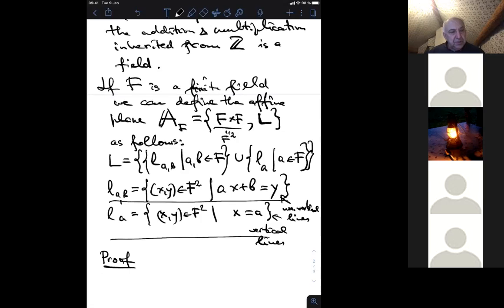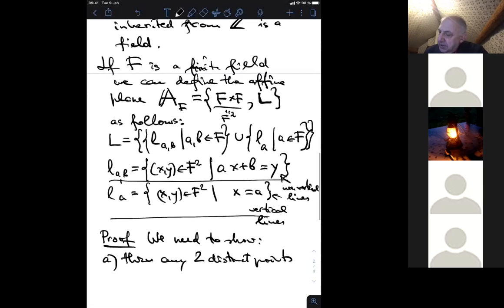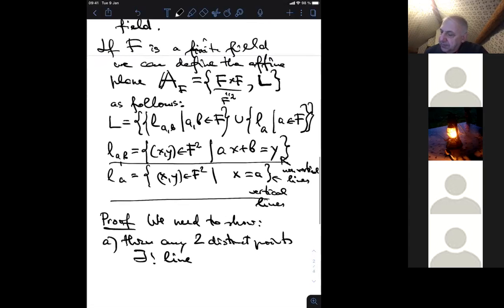What do we need to show? We need to show three axioms. So through any two distinct points, there exists a unique line. This is the first thing.